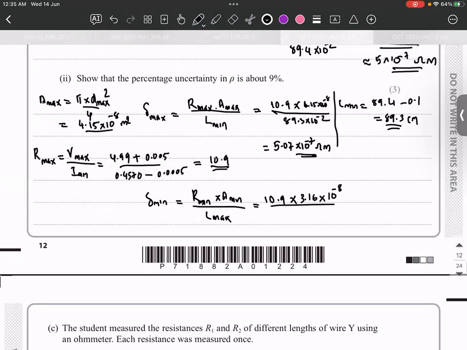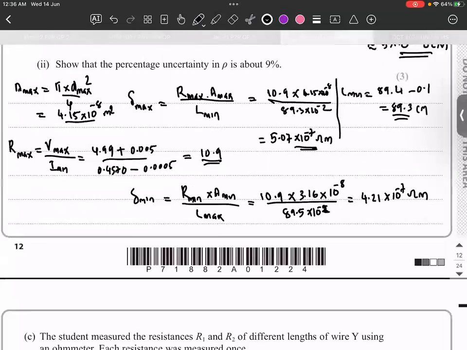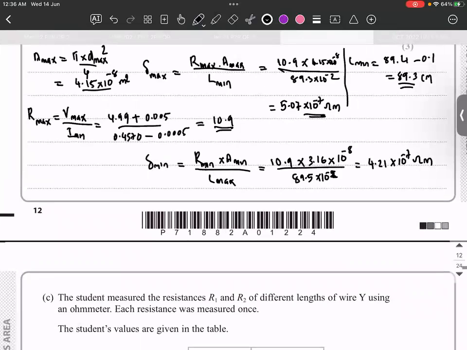The maximum value of the length is 89.4 plus 0.1, so that is 89.5 × 10^-2. If you are substituting this, we will get 4.21 × 10^-7 ohm meter. Now we need to find the percentage of the uncertainty.